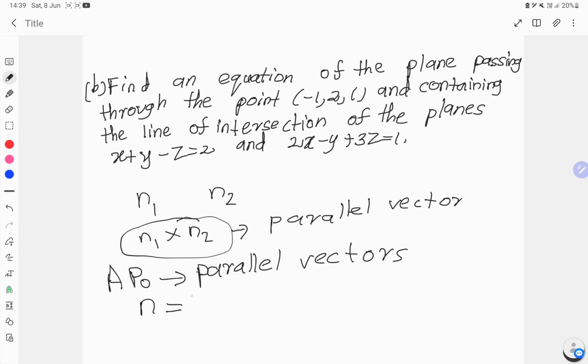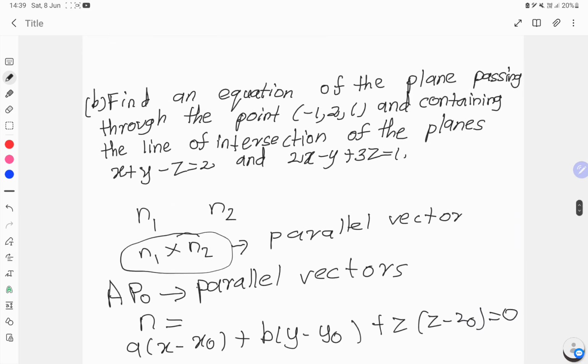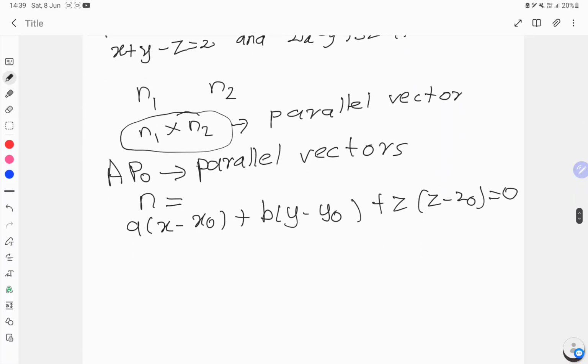Then we find the normal vector of the plane. Then we substitute in this equation: a into x minus x naught plus b into y minus y naught plus c into z minus z naught equals 0. Here x naught, y naught, z naught equal coordinates of A, like minus 1, 2, 1. Here a, b, c are the output of the normal, like ai plus bj plus ck.